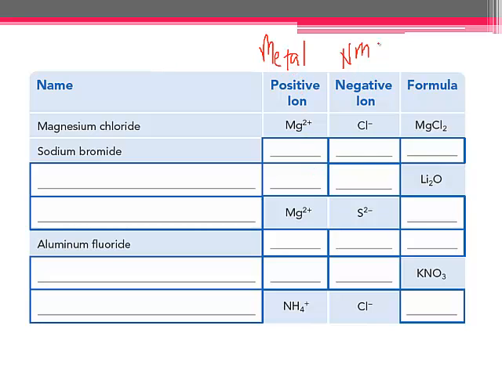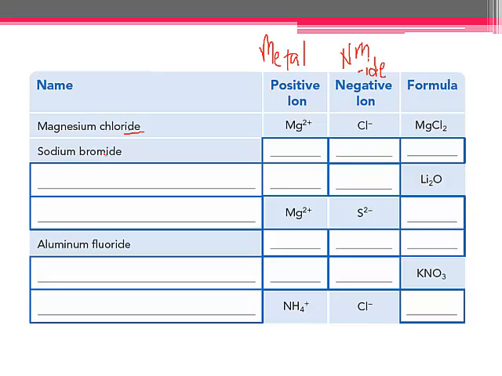And then for your negative ion, you just need to change the ending of it to IDE. For example, if we're going to make a compound between magnesium and chlorine, our formula is MgCl2, but our name is magnesium chloride. It doesn't matter how many of each atom you have. The metal name will be the same, and then the nonmetal will be changed to IDE.